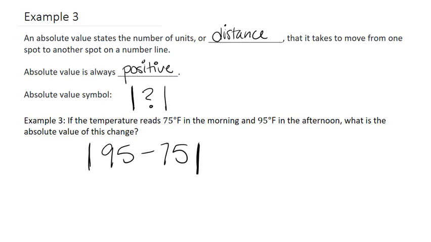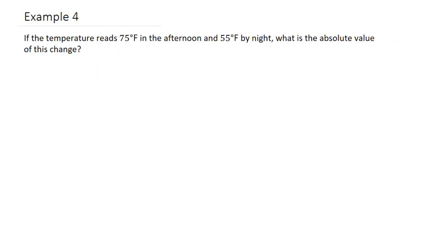We'll close that absolute value. So 95 minus 75 is equal to 20. And anything in the absolute value like this, any number, even if it's negative, will become positive. So we can just write 20. And that is the absolute value of this change.